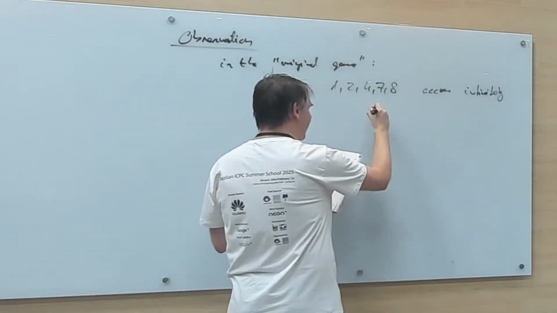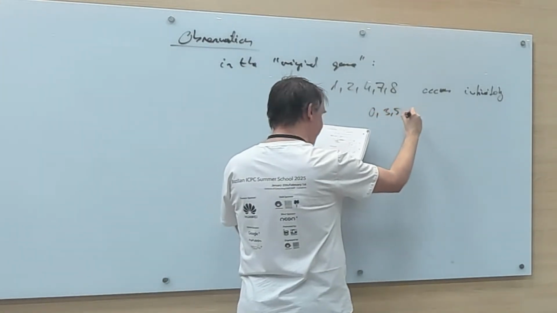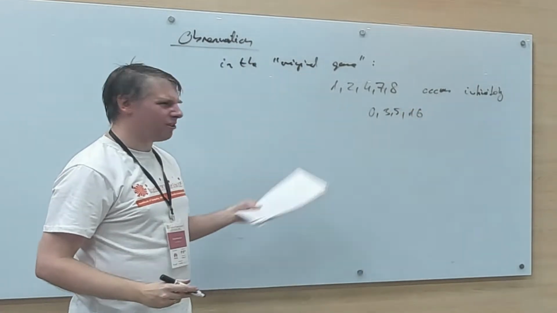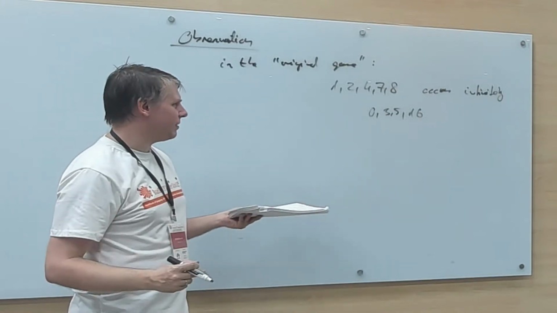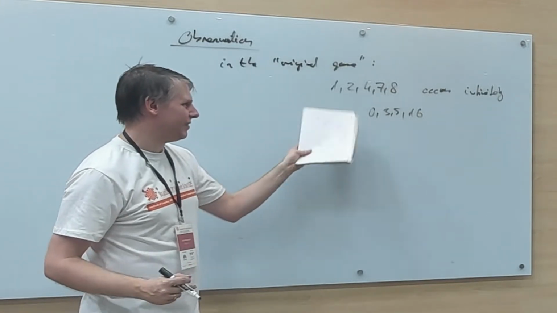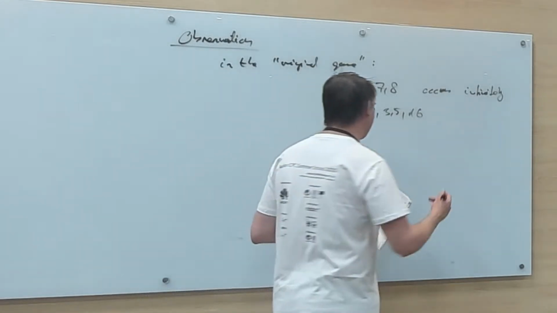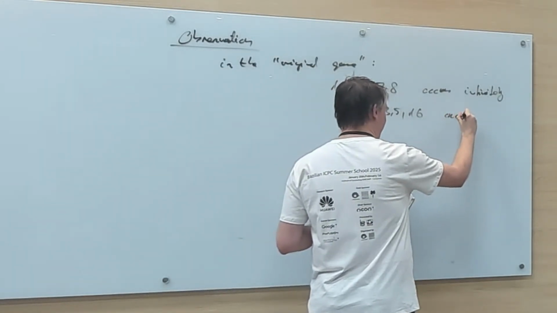And the rest, for example 0, 3, 5, 16. I think these are the only other values that appear. Of course, the in-between values also appear at least once, but anyway, these values occur a finite number of times.